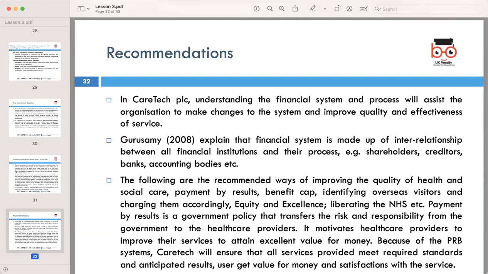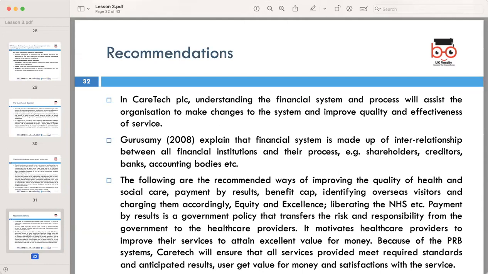By implementing such a system, Care Tech can ensure that all services provided meet the required standards and deliver anticipated results, providing value for money and satisfying service users.